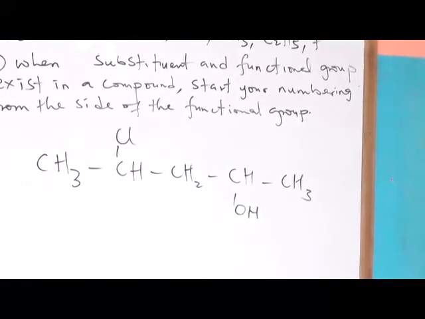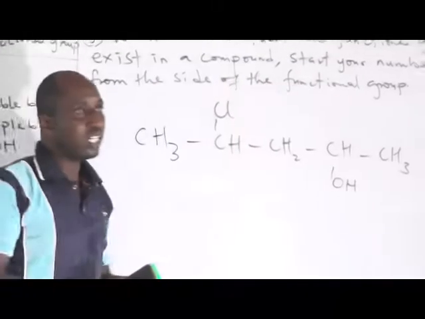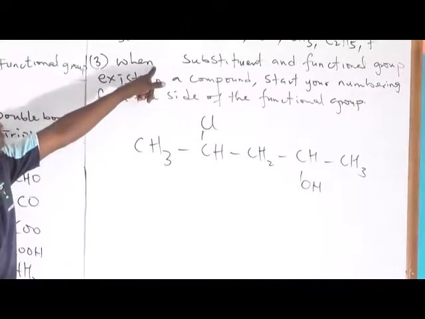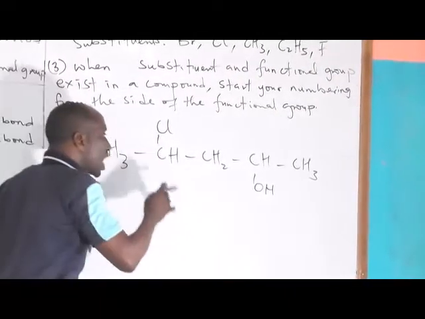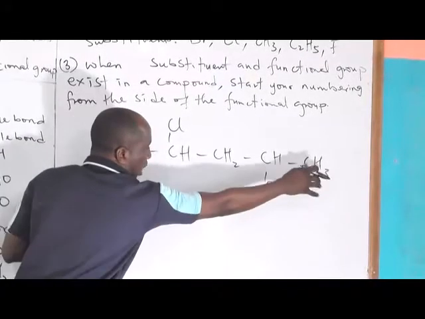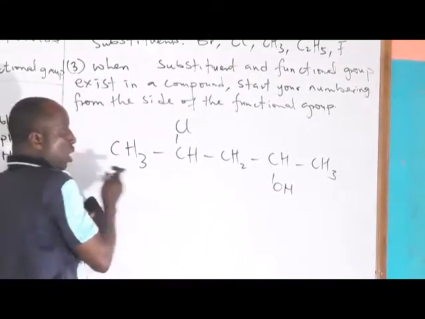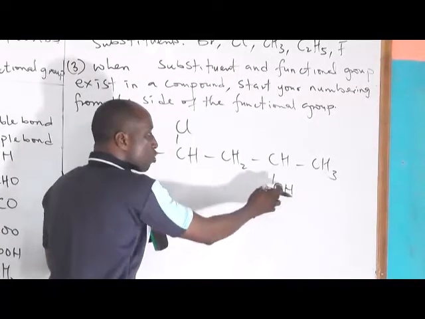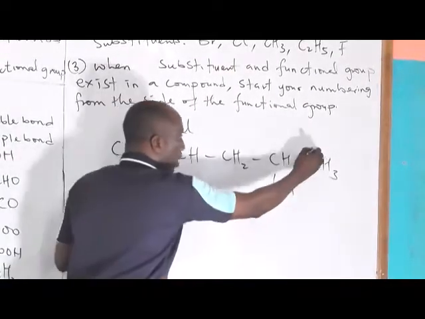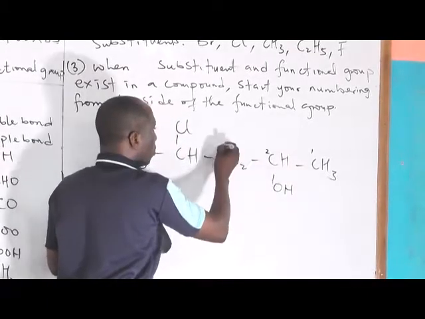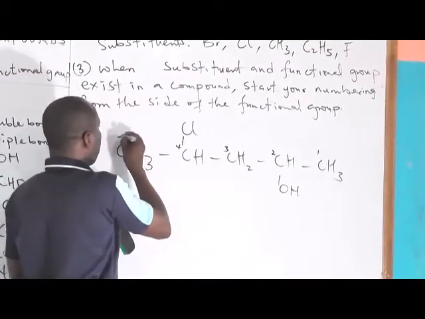Now, rule number 2 says number the identified longest chain. But now you have to consider rule number 3. If you have to number, you have to look at the side where you have the OH. This is OH at the other side. This is chlorine. So you have to start your numbering so that it will favor the hydroxyl. So I'll start my numbering from the back. 1, 2, 3, 4, 5.